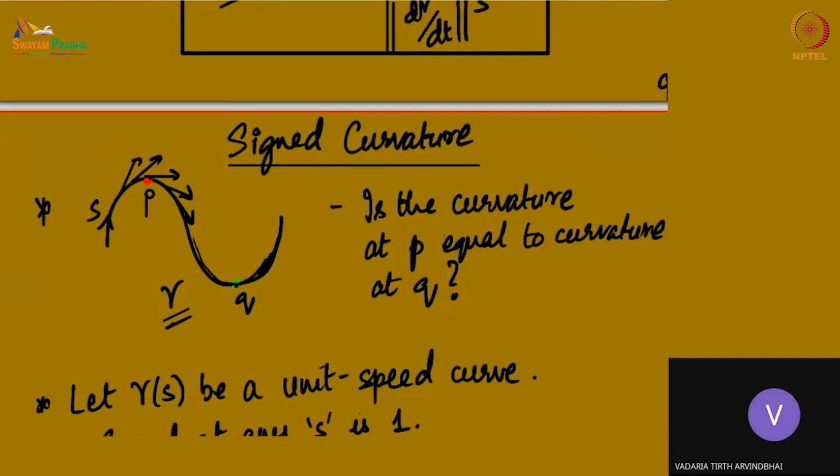If you look at how the velocity vector is changing around these 2 points P and Q, around P it is rotating in a clockwise direction, whereas around Q the tangent vectors are rotating in an anti-clockwise direction, right? The rate at which these 2 tangents rotate around P and Q may be the same, but the directions in which they rotate are opposite, right?